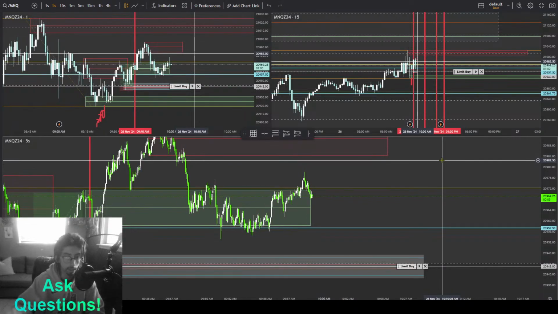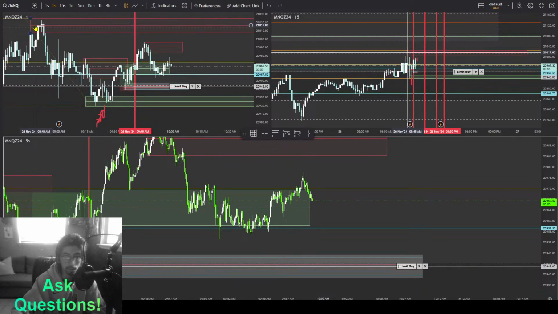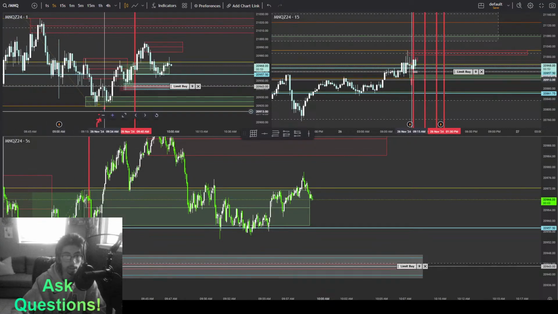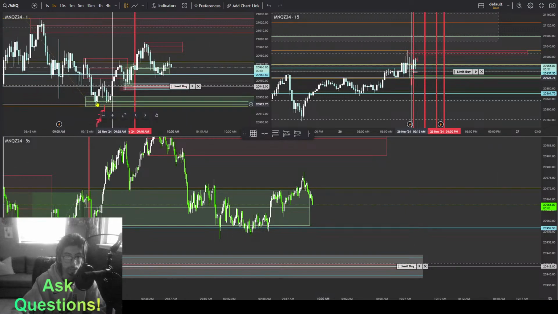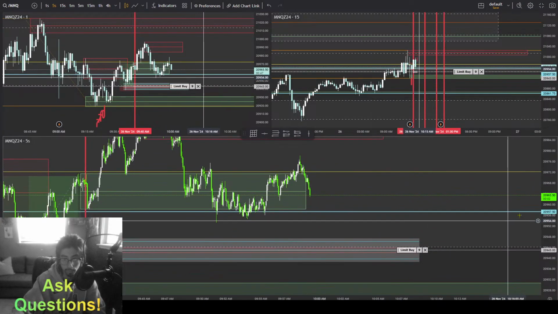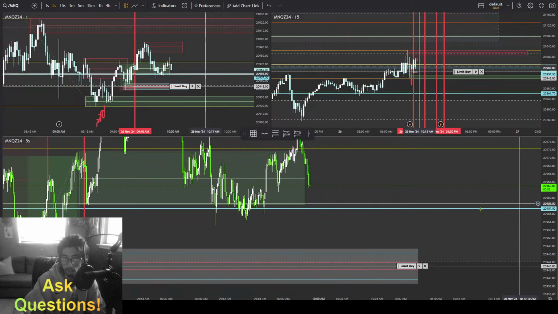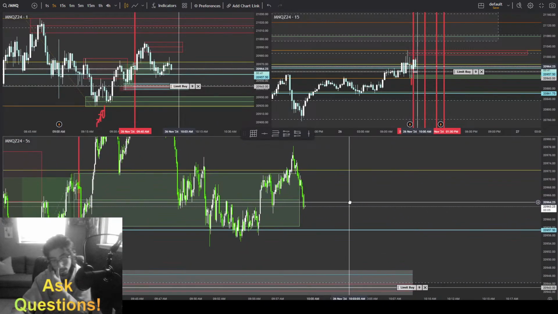Also with the initial balance, using my strategy, I get the high and low, and you can see right here, that helps me understand the range. But I don't trade those, because just in case we bust through, I don't want to lower my probability of winning.